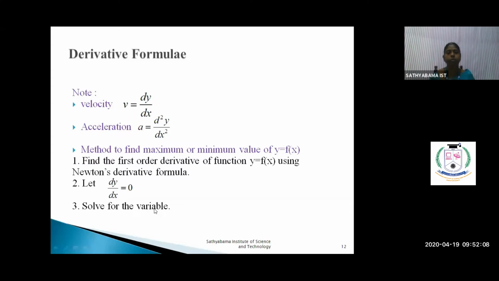The variable is u when you are using the forward formula, and the variable is v when you are using the backward formula. Okay, this is the procedure to find the maximum or minimum value: find dy by dx, equate it to 0, and solve for the variable, either u or v. These are the steps we are following.